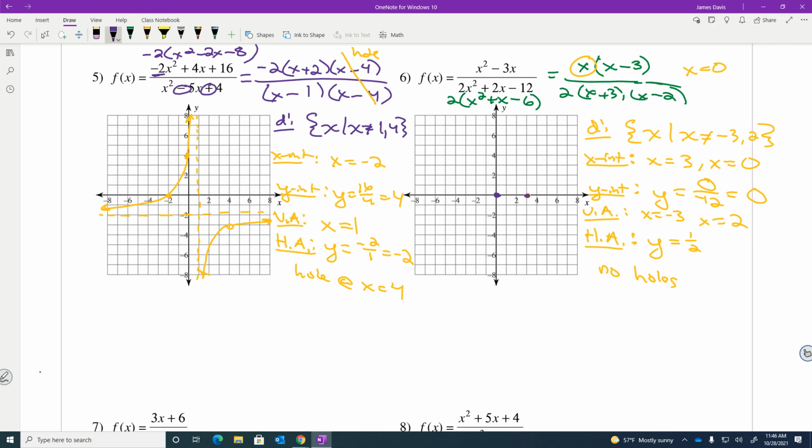Vertical asymptotes at 2 and negative 3. Horizontal at a half. So this looks a little more complicated than what we've seen before. It's okay that these cross each other. They're not real lines, they're just imaginary lines. So let's look at the graph.